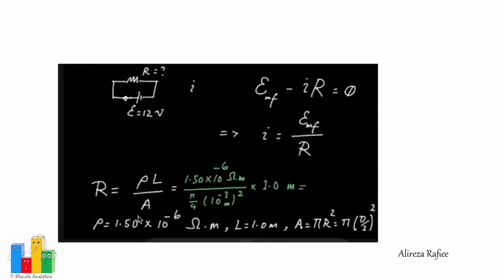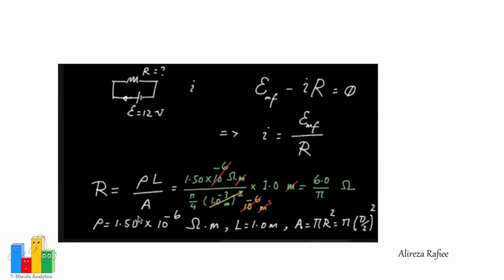So 10 to the power of minus 3 to the power of 2 will give me 10 to the power minus 6 meters squared, and the 10 to the power of 6 cancels. The unit also cancels: this is meter squared, and one of them cancels this meter. And then we have 4 multiplied by 1.5, which gives me 6.0, divided by pi, and the unit would be ohm. Okay, so that's the resistance of our wire.